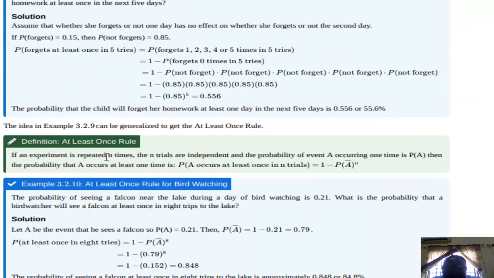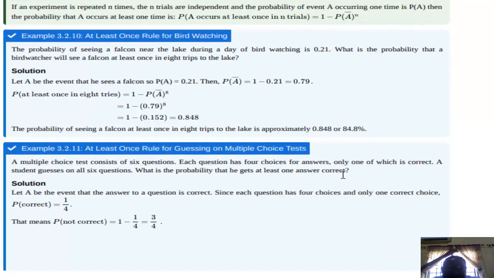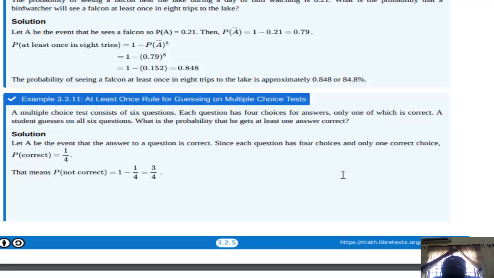If an experiment is repeated n times, the n trials are independent, and the probability of event A occurring one time is p, then the probability that A occurs at least one time is 1 minus the probability that A does not occur at all in that number of trials. Are you following now?